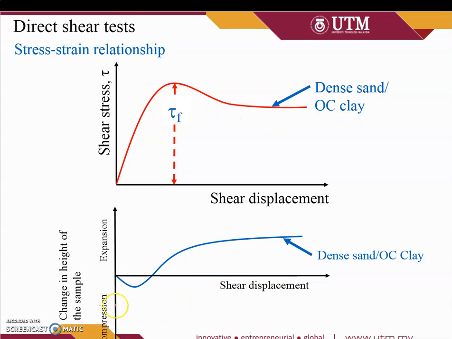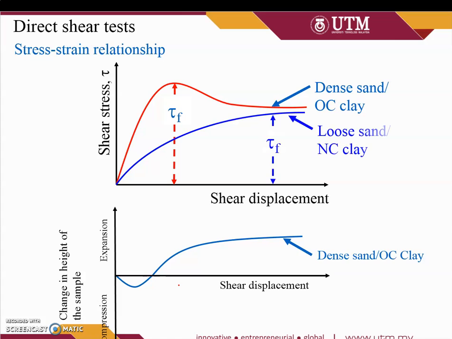And when we plot the expansion and the compression of the soil sample, it will be like this. And if we have a loose sand or normally consolidated clay, we will have another type of curve.